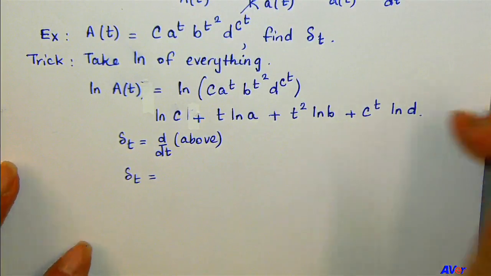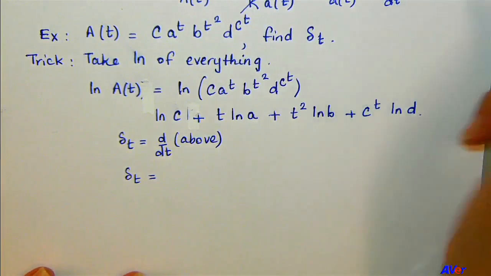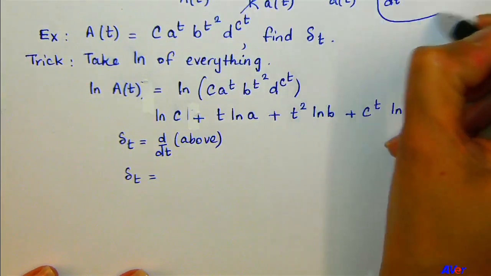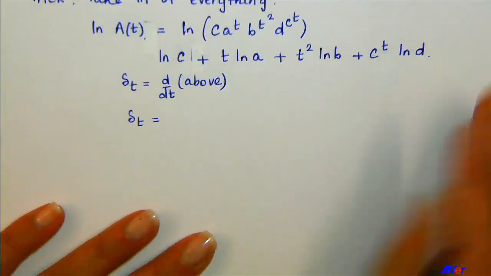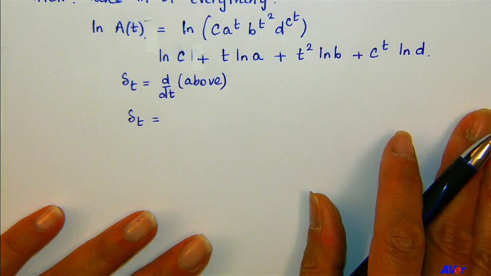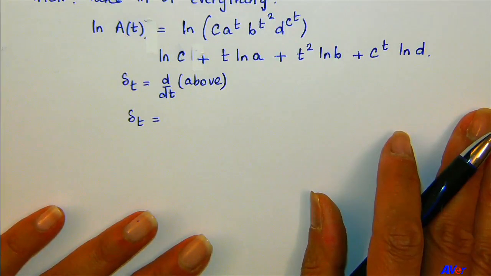I'm using this rule, this thing right here. So let's take the derivative with respect to t of ln of capital A of t. Go.